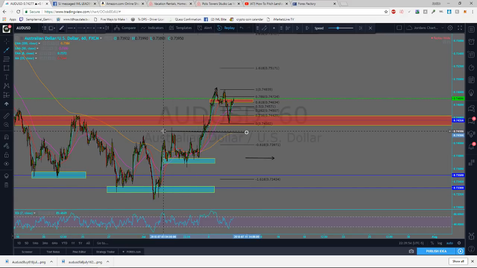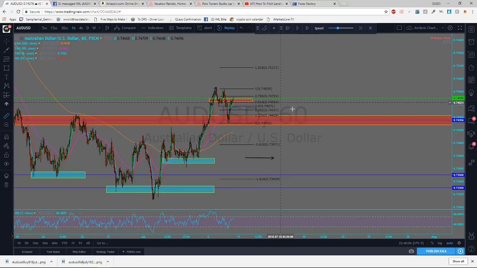You see the wicks, strong body, these wicks. So it depends on you. And then that take profit would have been a 2-to-1 trade, right? So maybe you could take off half your profit at that first 61.8 for a 2-to-1 trade and then leave your other half running and maybe catch that 80 pip run.